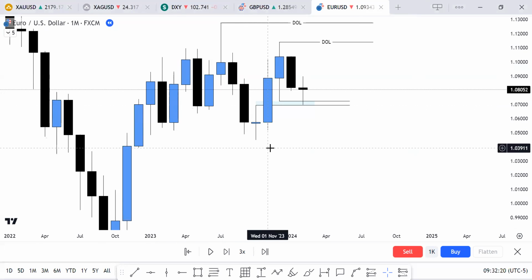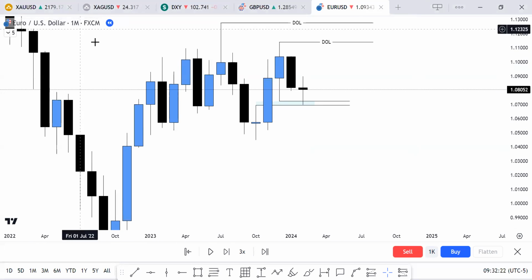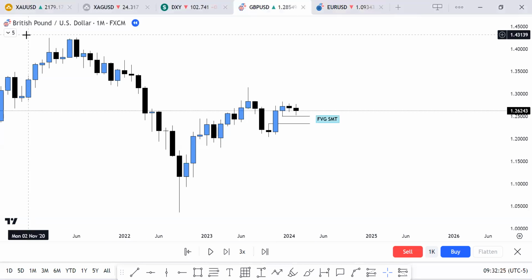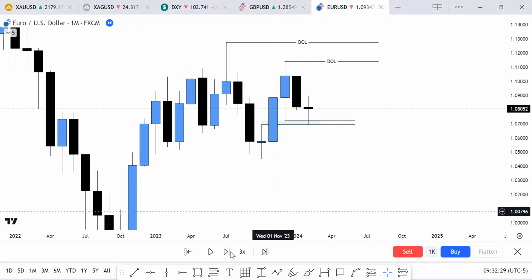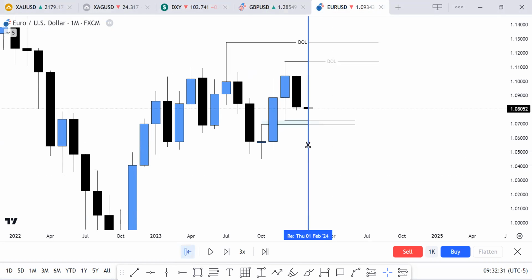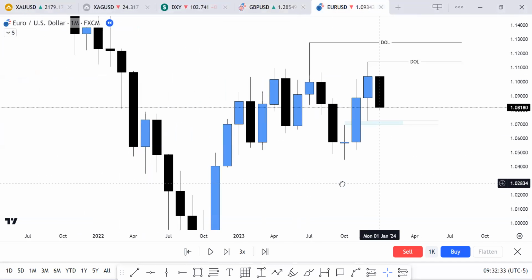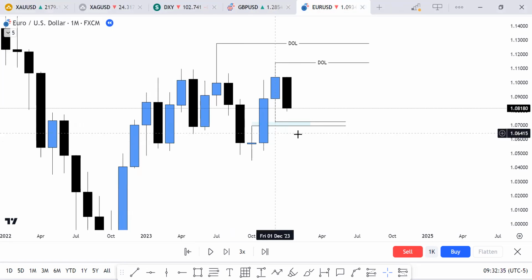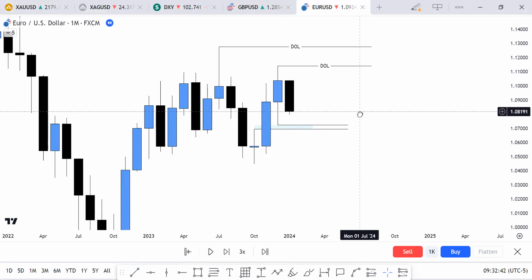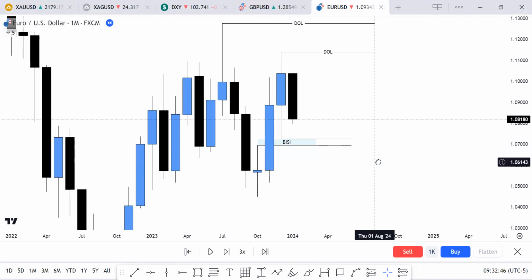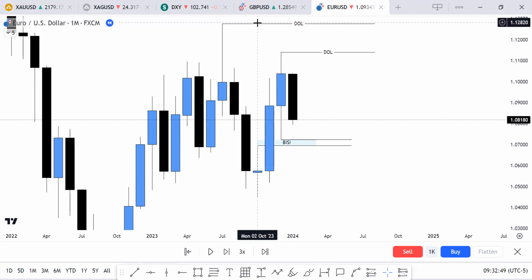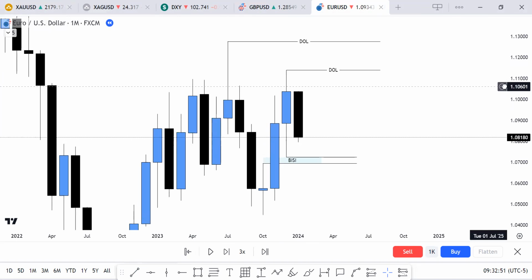I'm doing this analysis on Euro USD. I will use the cable, GBP USD, as well, starting from Euro USD. As you know, this was a monthly fair value gap on Euro USD, and this candle just closed above it, so it was a monthly fair value gap for us, which should be rebalanced because price has left behind undrawn liquidity.